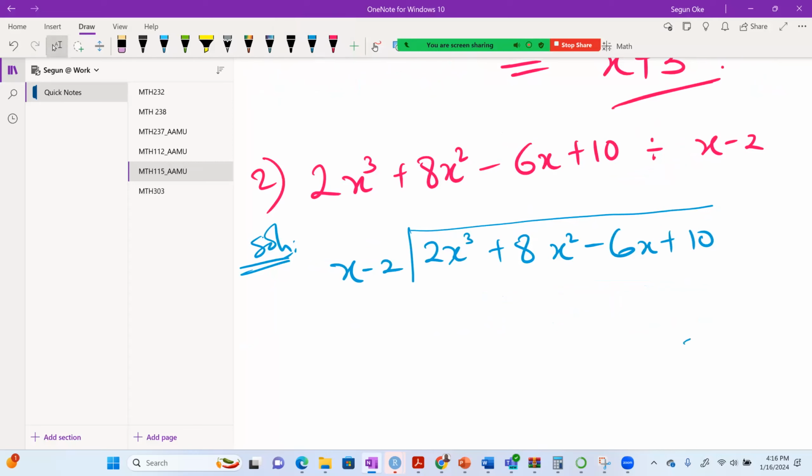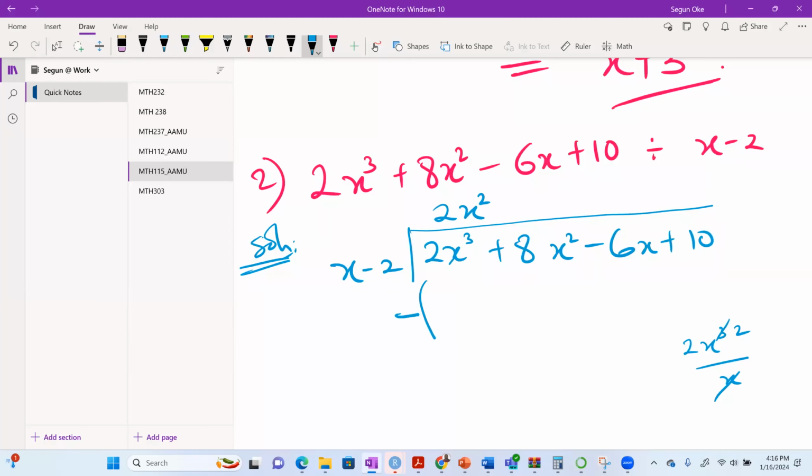It simply means you have 2x raised to the power 3 divided by x. What do we have? This cancelled, this remain 2. So we have 2x raised to the power 2. So if you have 2x raised to the power 2, open your bracket parentheses with negative, because we are going to deduct whatever you get down from what you have up.